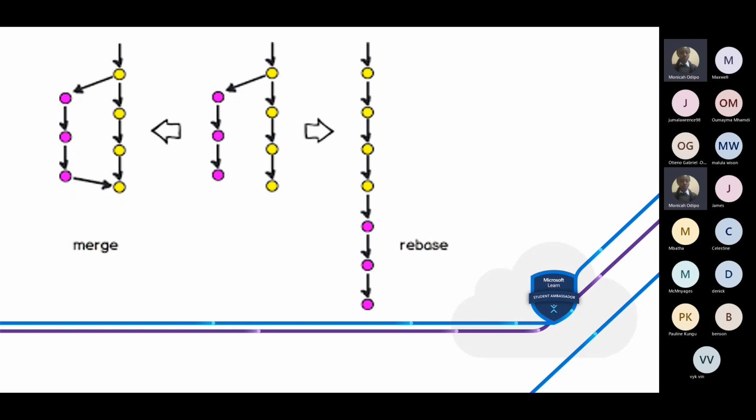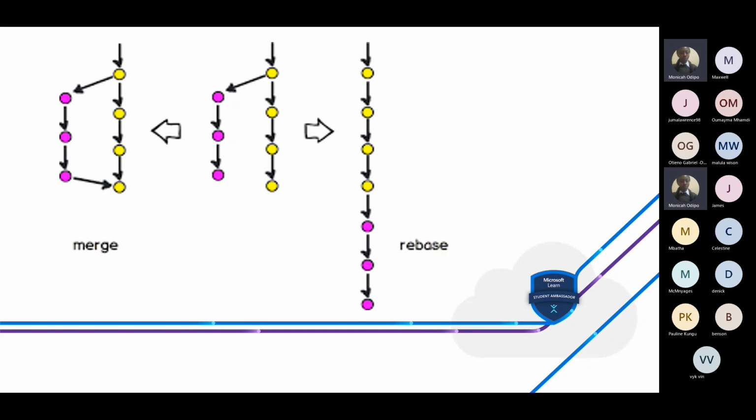So you create a separate branch, replicating the same version of the website on a different branch. You work on it on that branch. Once you're satisfied with what you have done, you can merge it back to your main branch, and it will fix the bug. So that's with git merge.